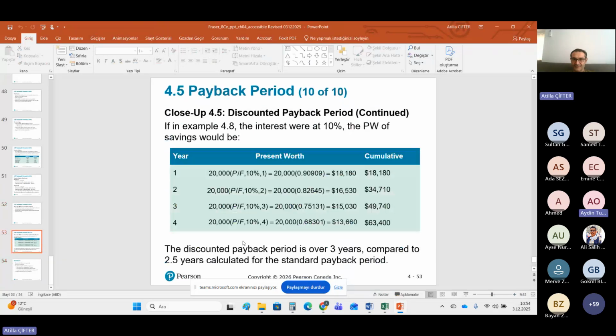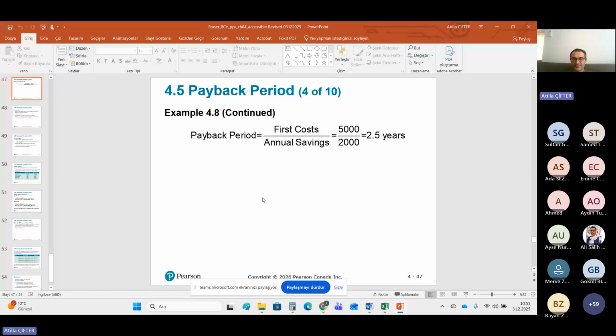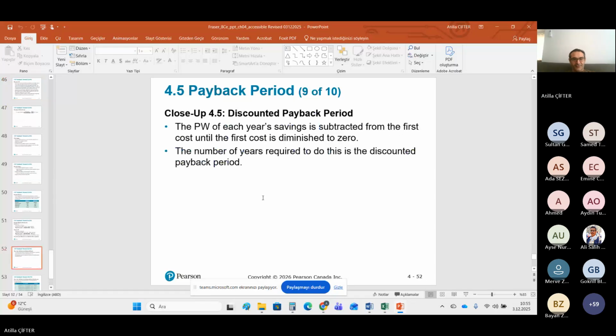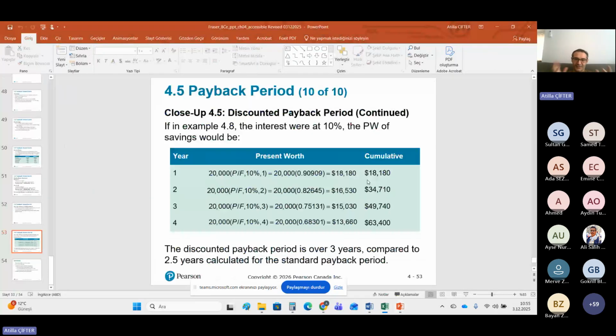So is it clear? Hocam, how do we know in the beginning that the discounted payback period is equal to 3 years? Okay, firstly, let's look at our example. Initial investment. I said that our investment is $50,000. Okay. So if your investment is $50,000, then cumulative return should be $50,000.